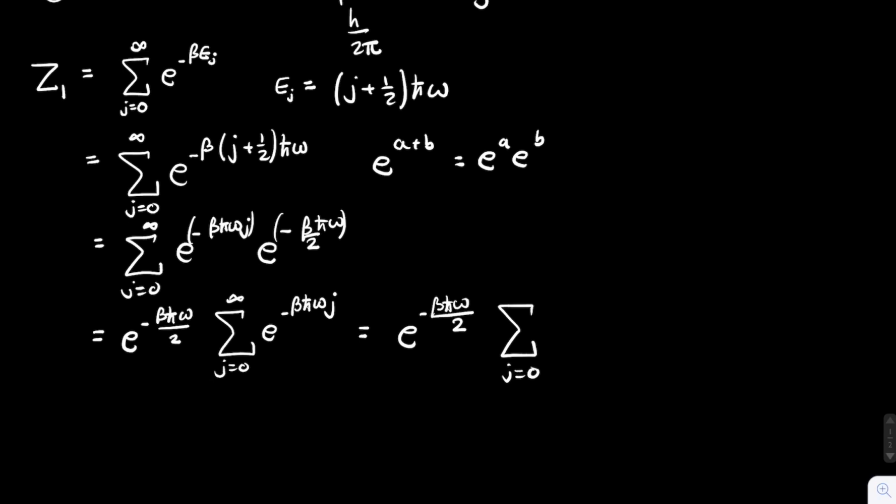And then we're going to have this big sum of e to the minus beta h bar omega, and I'm going to put a little bracket in front of this, and it's all raised to the power of j. Now, of course, you're probably going to say, this is exactly the same. Why would you write it like that? Well, it's just easier to see what I've done in the next step. So this is why I've done it.